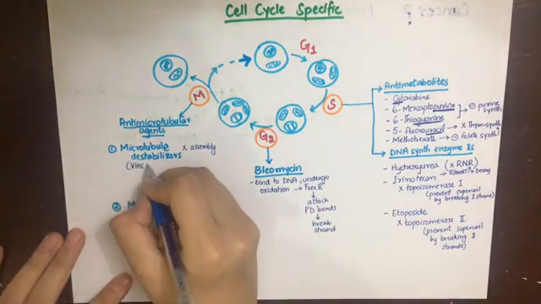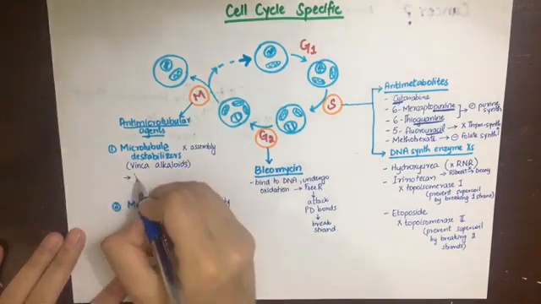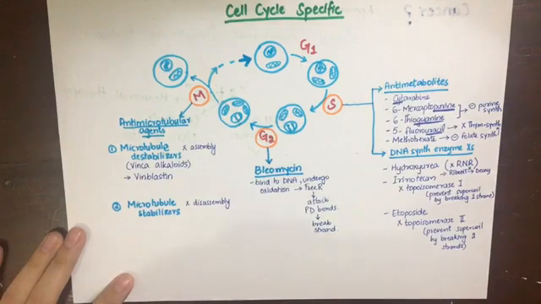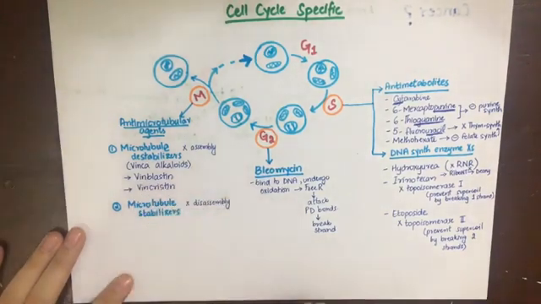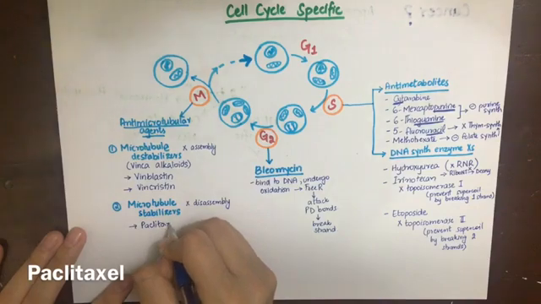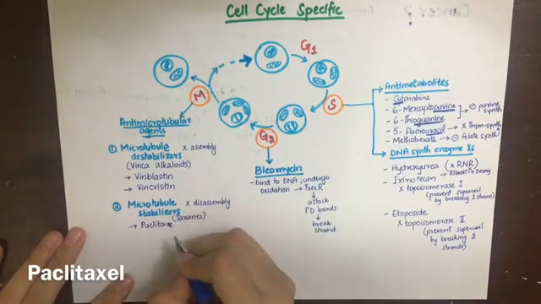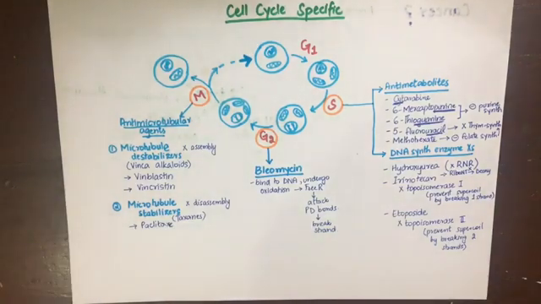The microtubule destabilizers include vinblastine and vincristine, which will block tubulin polymerization, that is, they will not let the monomers convert into polymers and thus will inhibit assembly. While the microtubule stabilizers include paclitaxel, which will block the depolymerization of microtubules, thus inhibiting the disassembly of microtubules.